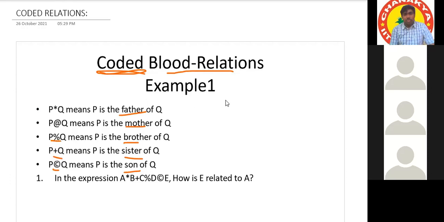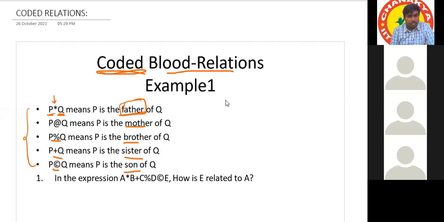He is defining it in the beginning only. What is the definition? P star Q means P is the father of Q. Anywhere in the further questions, if I use a star, you have to consider it as father. And that too, the first person is the father of the second person. Yes or no? Yes, sir.